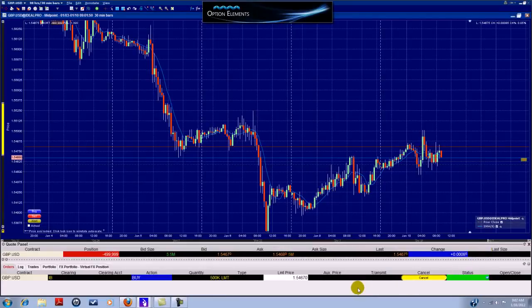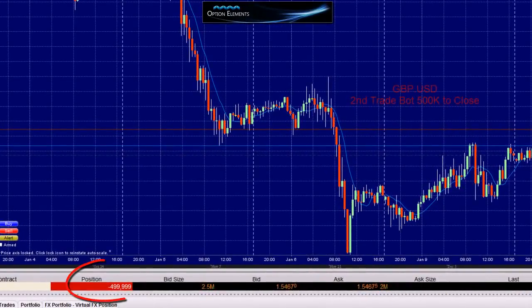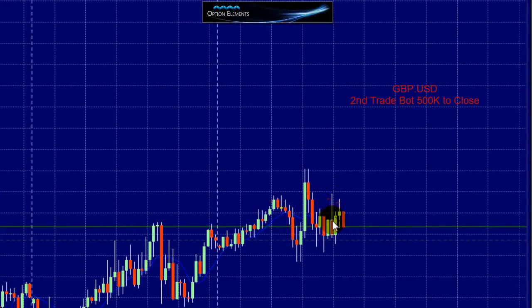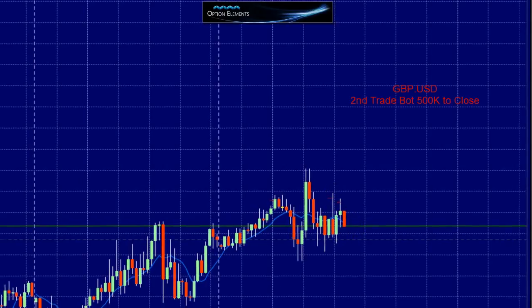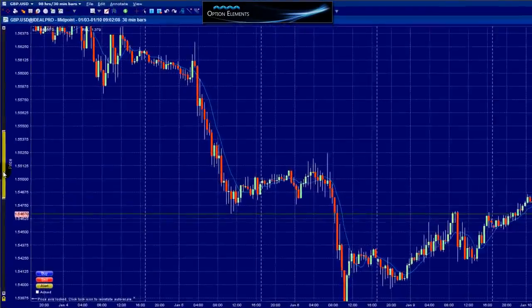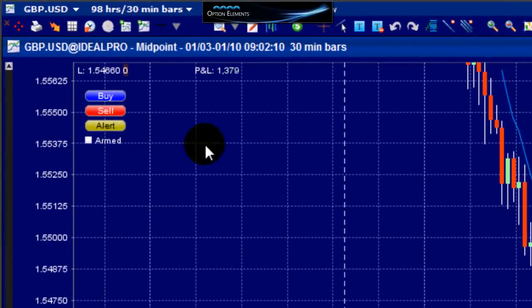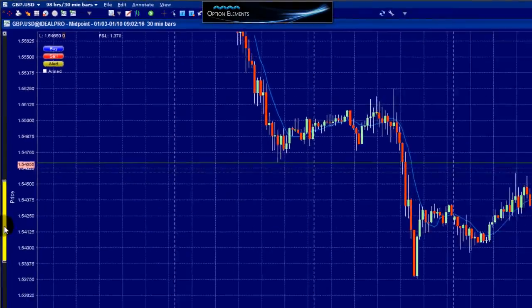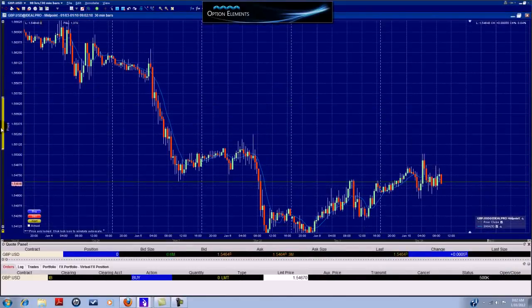Okay, we're on the bid here at 67, as you see. Okay, there we go. We just got filled. So we sold it here, we bought it down here, we sold it up here again, and we bought it down here again. Profit so far today in the British pound is 13.79.